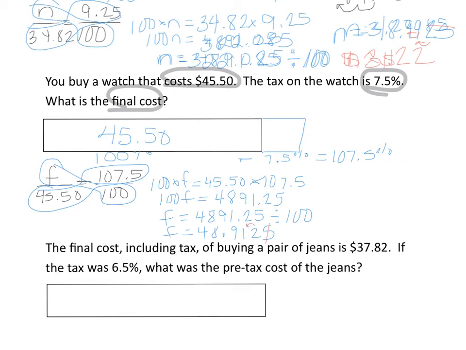Take the 5 off and say, what does the 2 do to the 9? Makes it stay the same. So the final cost is $48.91.